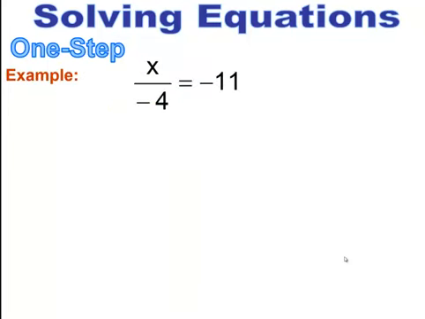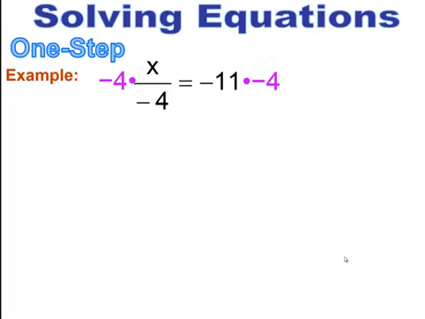So this next one, I want you to notice here that I have x over a number, and that number is a negative 4. Well, this means that x is being divided by a negative 4. And when you have division, you have to do the inverse operation of division, which is multiplication.